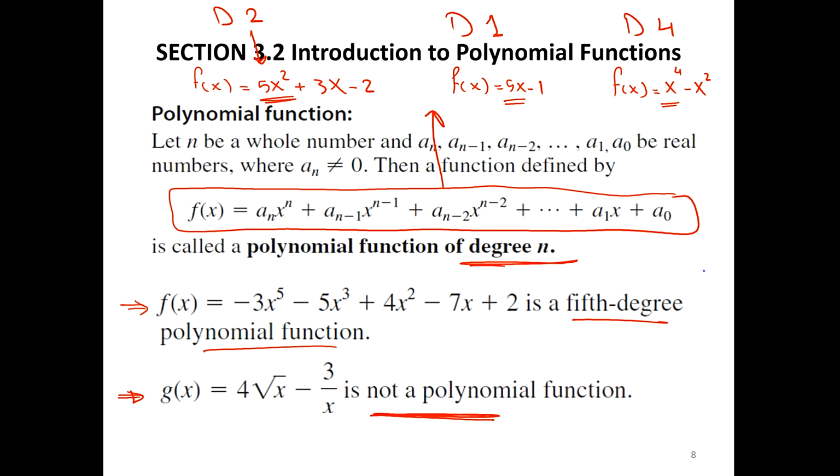Because we have x in the denominator. When we raise this x up, we have x to the power negative 1. This is not positive. The exponent must be a positive integer. So we have x to the power 1, 2, 3, 4, 5, to infinity. But we don't have x to the power half, or the exponent minus 1. So this is not a polynomial.